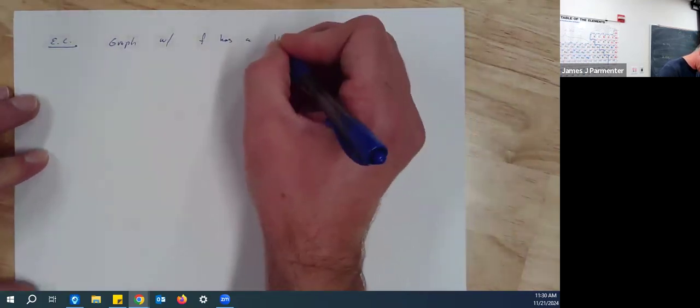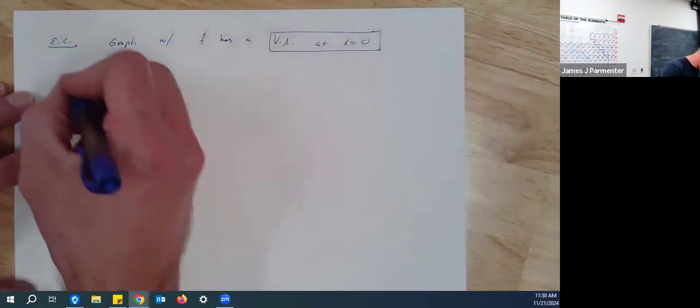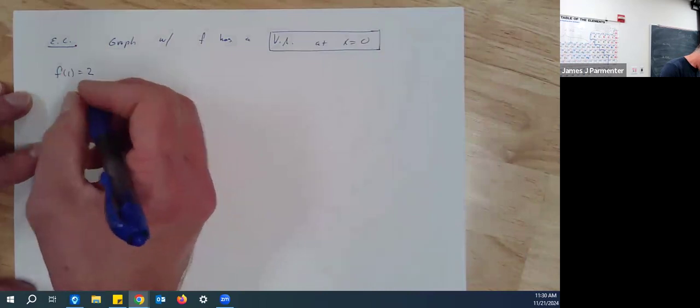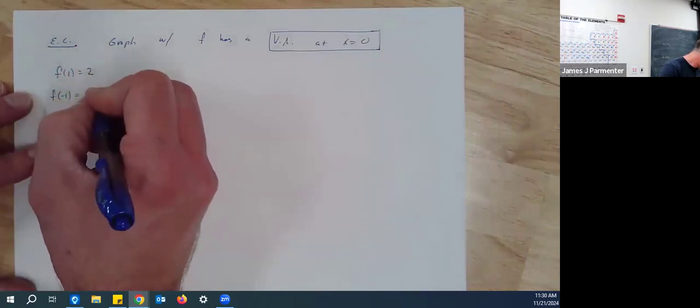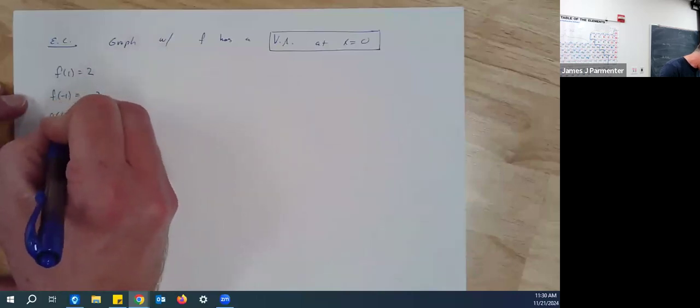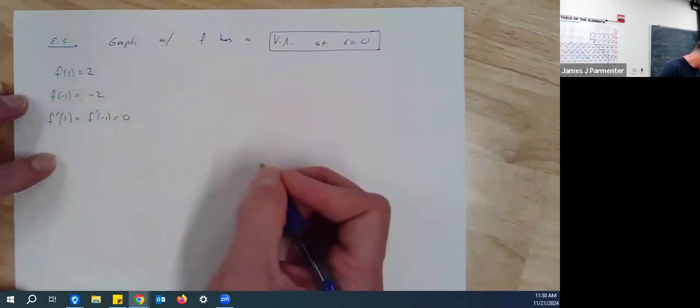That's 1. We have that f of 1 equals 2. f of -1 equals -2. f prime of 1 equals f prime of -1 equals 0.